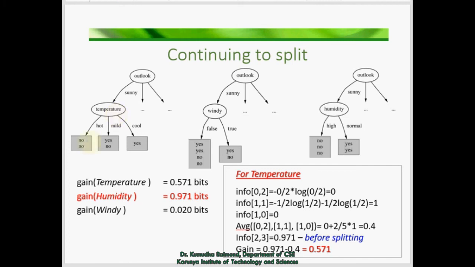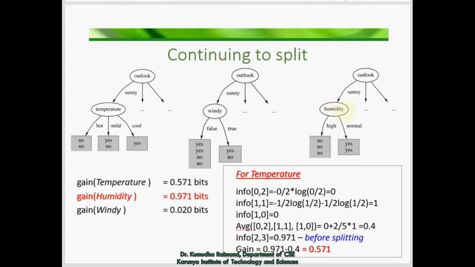I need to do the same calculation of entropy and information gain, and find out which has the very high information gain. Here the values are given, and humidity has given the highest value. So the next attribute which is going to take the next level of the decision tree is humidity.